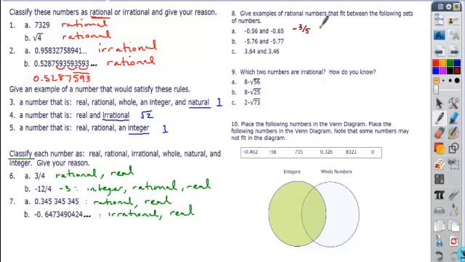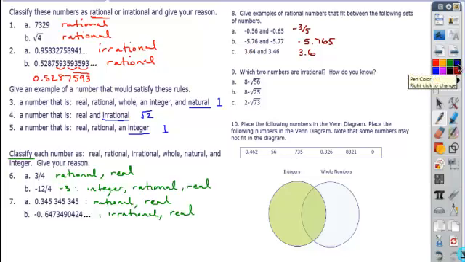The second number chosen was -5.765. Does that number fall within this range? Yep. And finally, the last one was 3.6. Does 3.6 fall between 3.46 and 3.64? Yeah, so those fit as well.